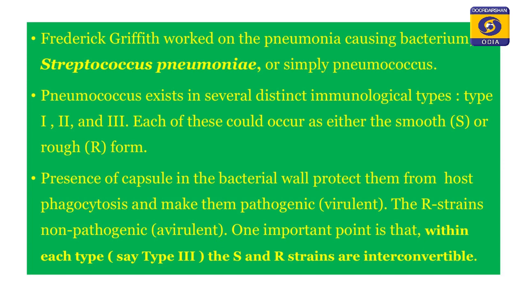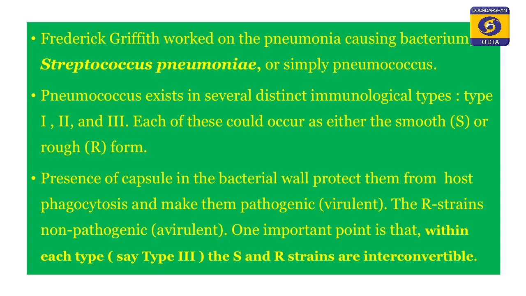Why is it called smooth? Smooth form bacteria possess a capsule around them, and that capsule enables the bacteria to escape phagocytosis of the host, either a mouse or a human being. As they escape the phagocytic effect of the human monocytes or mouse monocytes, they cause disease and are called virulent.